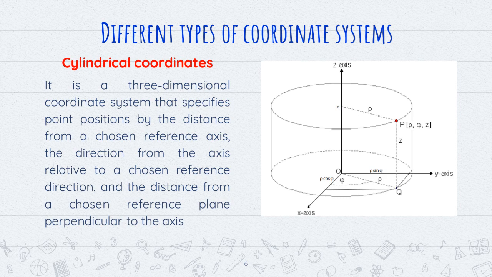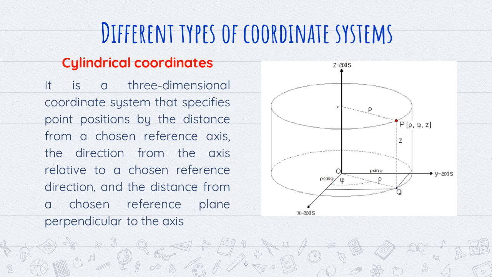Thus we have two new surfaces: one is rho constant, and the other is phi constant. The intersection of these two surfaces is a vertical line.